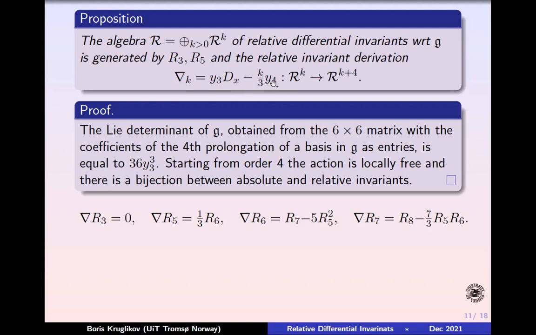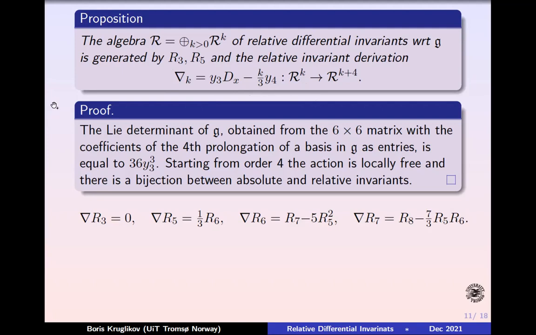So polynomial, however, it's actually not a derivation at all, because it's a first order operator. You see the first order part, and you see the zero order part. So that's actually a first order operator, and it shifts the weight by 4. Relative invariants of weight k go to relative invariants of weight k plus 4, and this k appears in the zero order term.